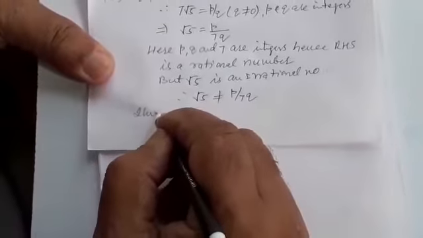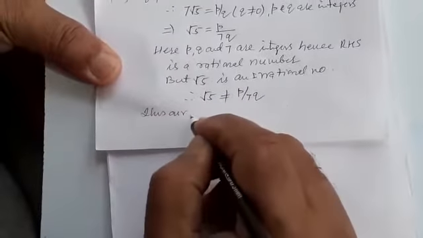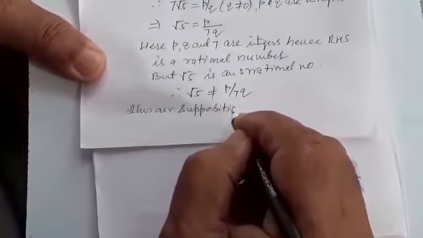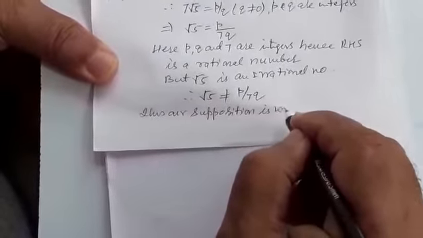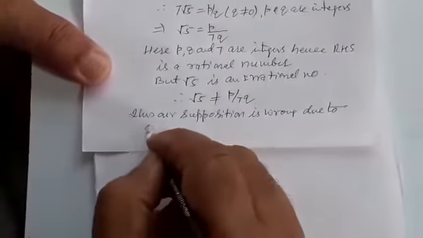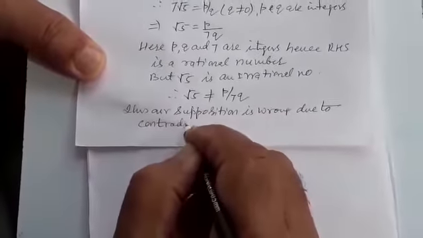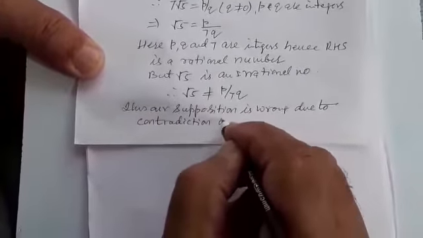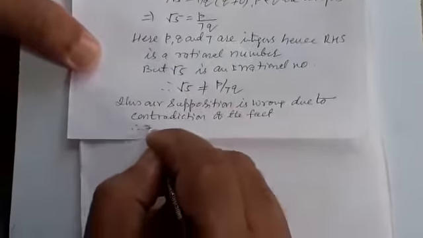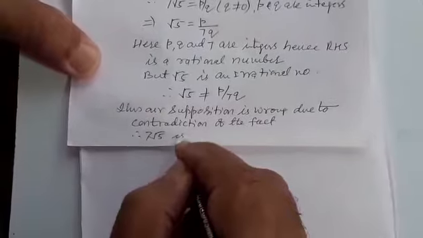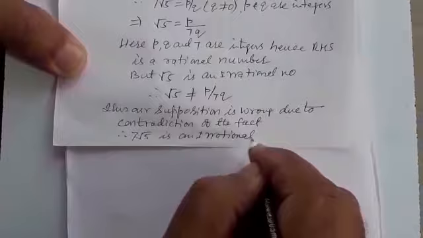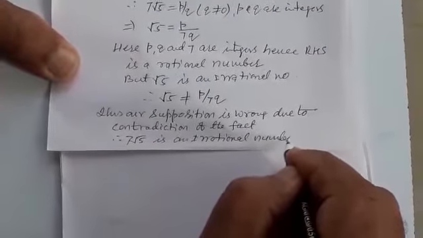Thus our supposition is wrong, due to contradiction of the fact. Therefore, 7 root 5 is an irrational number. This is the proof of the second part.